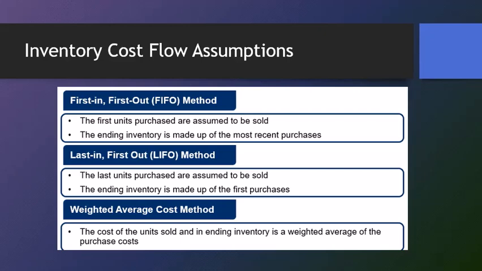First, technically, there is another cost flow assumption, and that is specific identification. However, we don't focus just a whole lot on specific identification because very few companies can use it. In order to use specific identification, you're going to have products that can actually be distinguished from one another, okay?